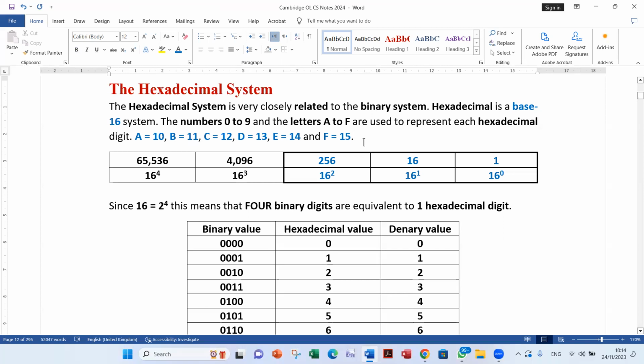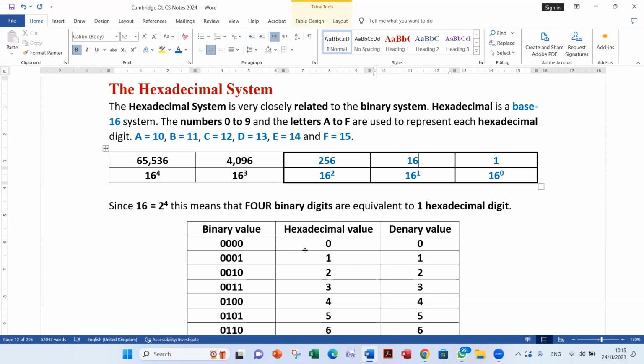What else? When a number is base 16, column headings are powers of 16. So column headings are 16 to the power of 0, which is 1, next 16 to the power of 1, that is 16, next 16 to the power of 2, that is 256. Next 16 to the power of 3, 16 to the power of 4.